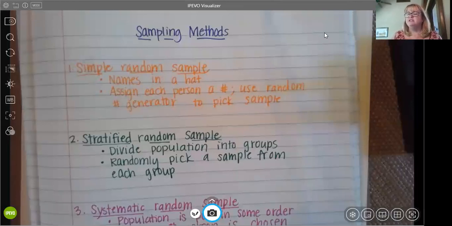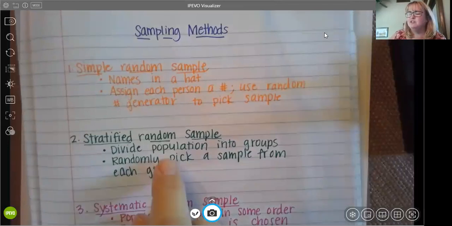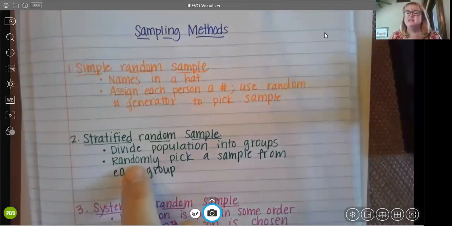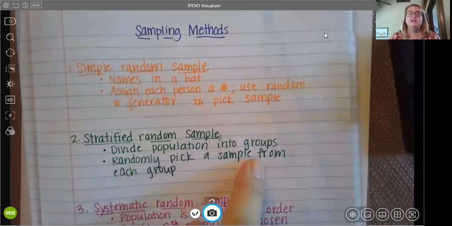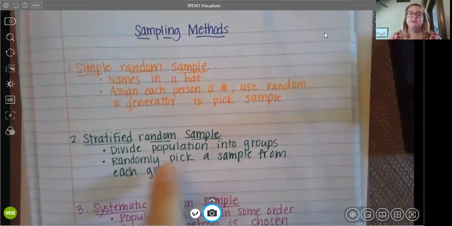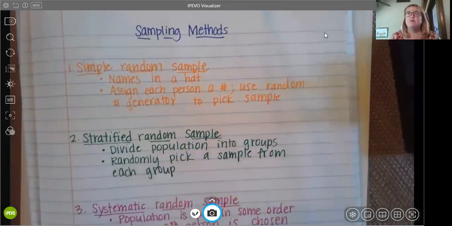The other is called stratified random sample. And in this case, you do a step first. First, you divide the population into groups, and then you randomly pick a sample from each group. So let's say we are going to survey all of the middle schools in Norman. You would first divide your population into groups.